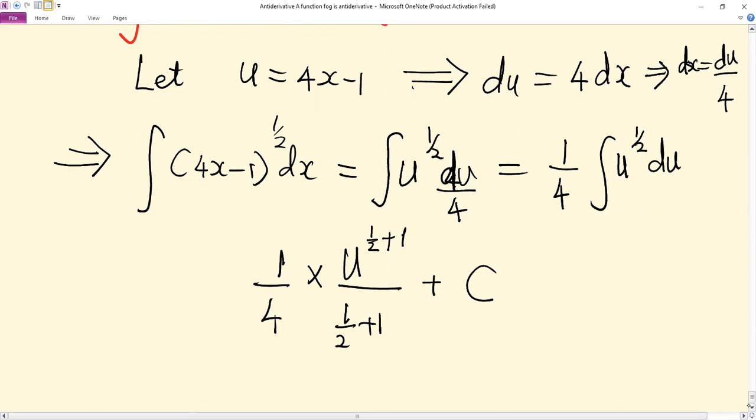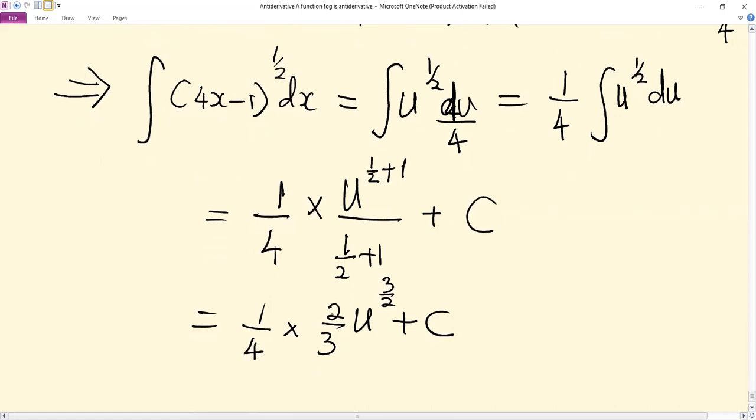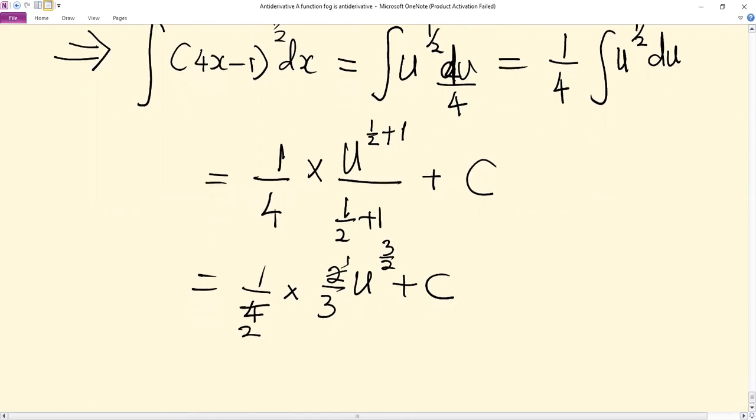And then this would be 1 over 4 times, now 3 over 2 reciprocal is 2 over 3, u raised power 3 over 2 plus c, and then this 2, 2 into 4, 2. So we'll have 2 times 3 is 6, so 1 over 6, u raised power 3 over 2 plus c.